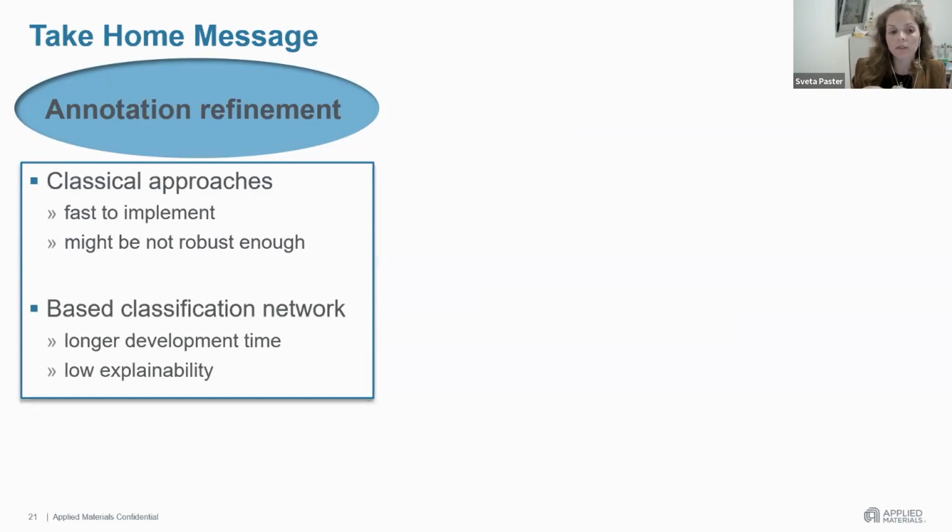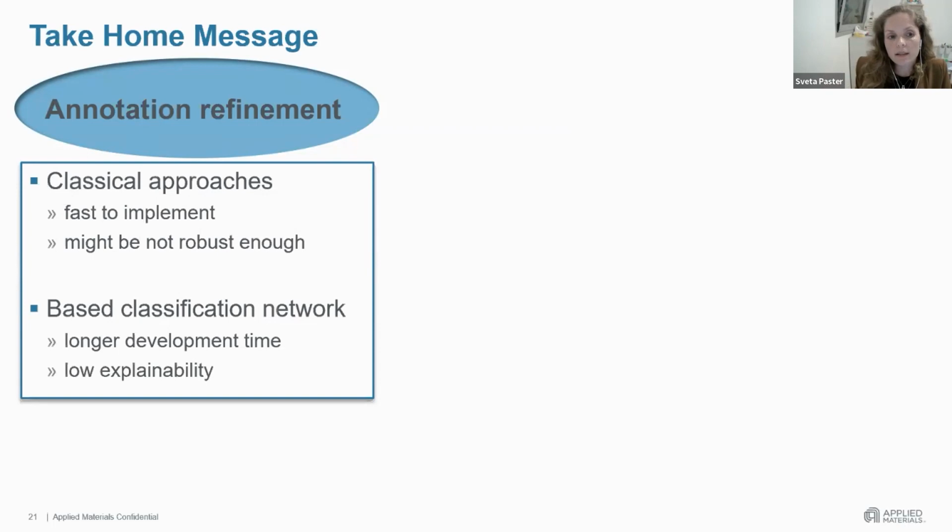If we want to train a classification network, it takes, of course, also time. In our case, we're limited to 2 hours, so we need to understand how we divide the time between the classification network and the segmentation network. And also in the development of the classification network itself, we need to understand whether we can have explainability, or understand what it does behind the scenes in order to do this refinement of annotations.